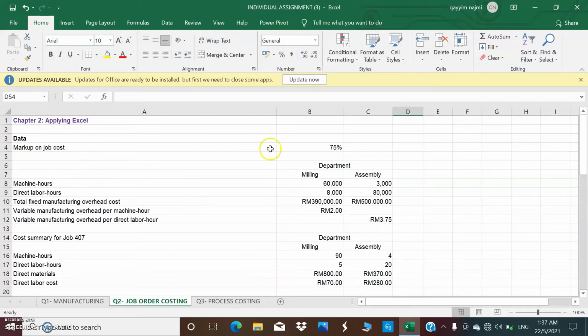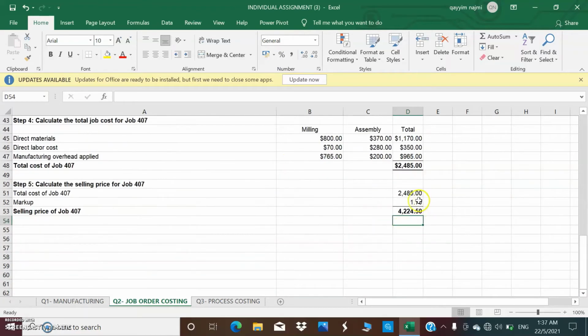The markup is 75%, that is 1.75, so the selling price is 4,348.75.